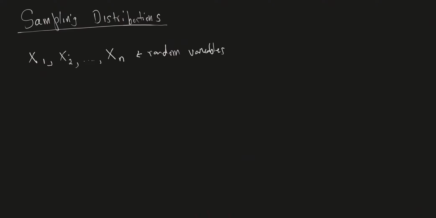And they don't even have to be of the same type. In other words, let's say x1 could be a discrete random variable, maybe it's binomial. And then maybe x2 could be a continuous random variable, maybe it's a gamma random variable or a normal random variable. So it could be any sort of combination of these.